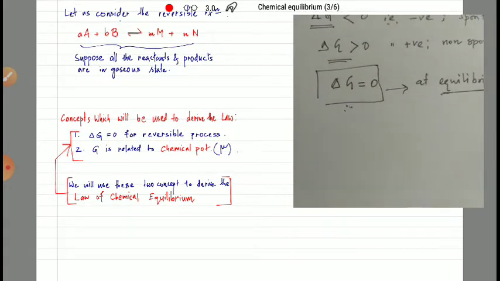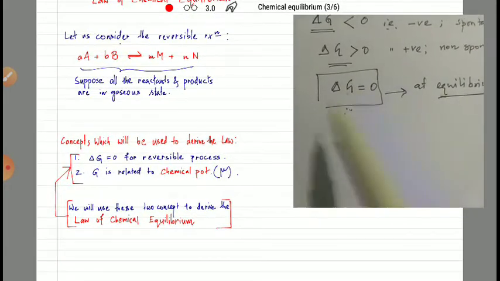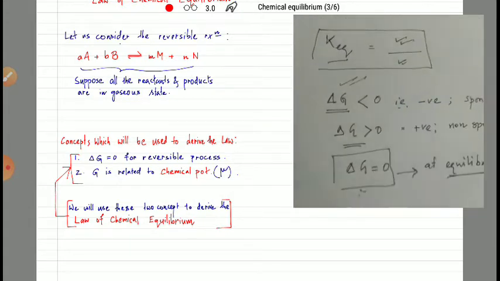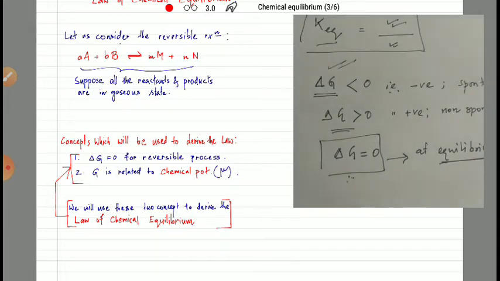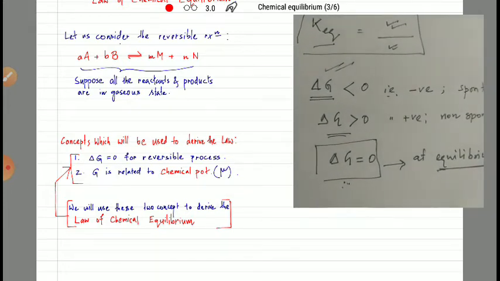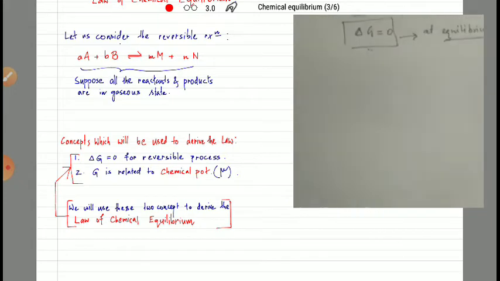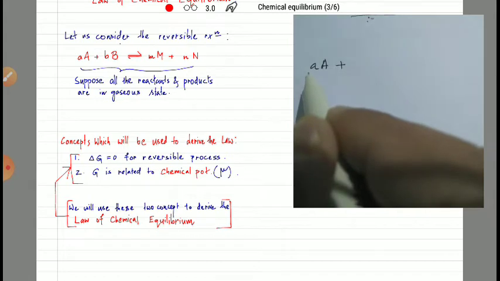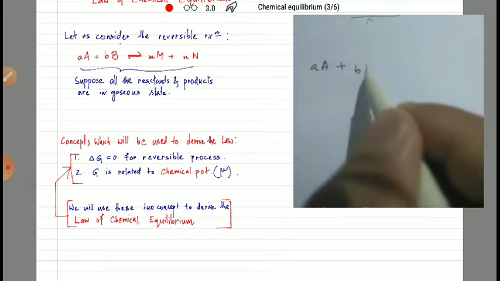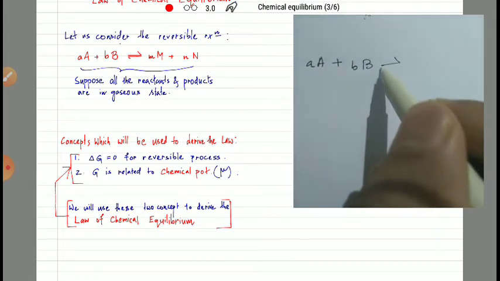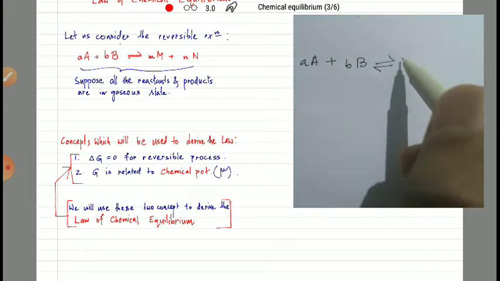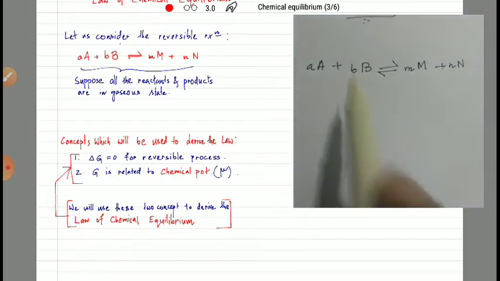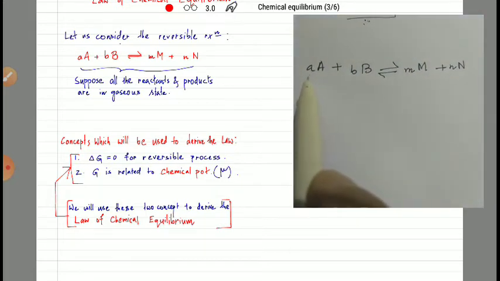Okay, before going to derive this, we need a reversible reaction. So let us suppose our reversible reaction is: a moles of A and b moles of B react with each other and form m moles of M and n moles of N. Okay, so these are the numbers of moles.